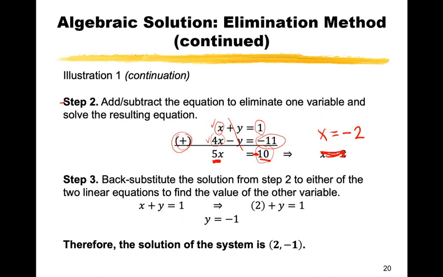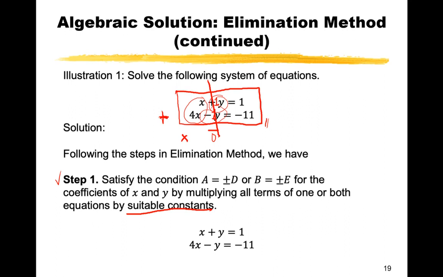Now that we were able to solve for the value of x, and in this case, ang value ng x ay negative 2, we'll perform step 3. We need to back substitute in order to solve for the remaining variable. And in this case, ang remaining variable natin ay variable y. Right? So, saan kayo magbaback substitute? Actually, kahit alin dun sa dalawang given natin.